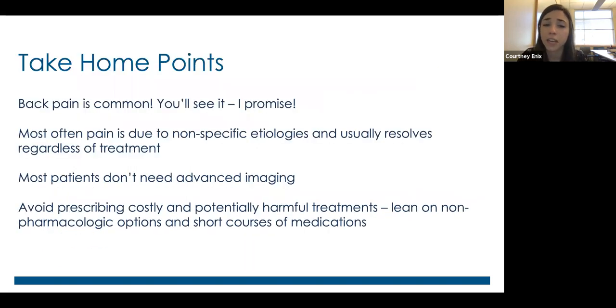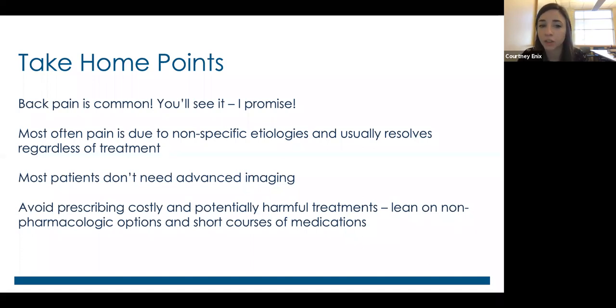Some of the take-home points: back pain is really common. You will see it, I promise. If you haven't seen it already in your first week of immersion, you might see it this afternoon. Most of the time, patients' pain is due to non-specific musculoskeletal etiologies, and most of the time it is going to resolve without treatment.